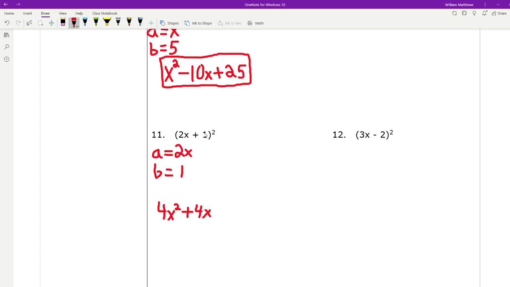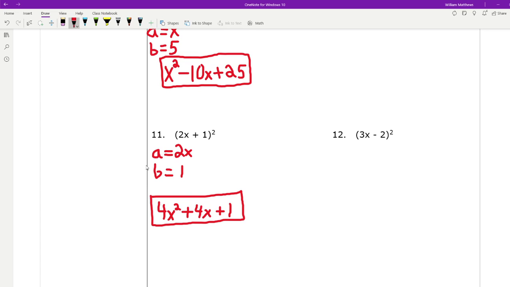And then the last piece is I'm going to square my b value. 1 squared is a positive 1. Now that I've finished following the pattern, I cannot combine any more terms. I cannot simplify anymore. This is my answer.